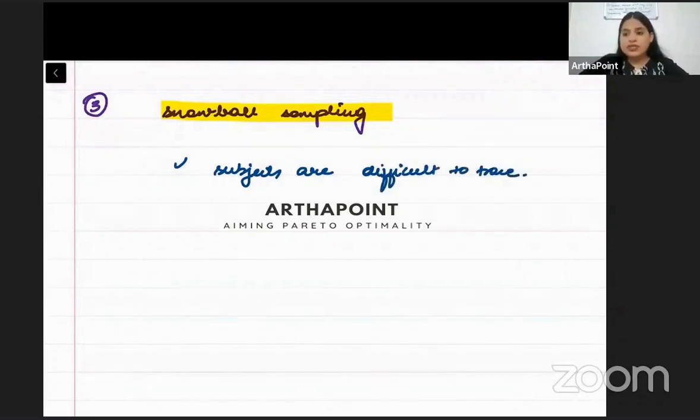Let us take one more example. Let's say research on HIV/AIDS. Not all people who have this will tell whether they have this disease or not, right? I will have some volunteers telling that, you know, these are the symptoms, this is how it happens, etc. Right? So only people who volunteer to be part of my research can be included in the sample.